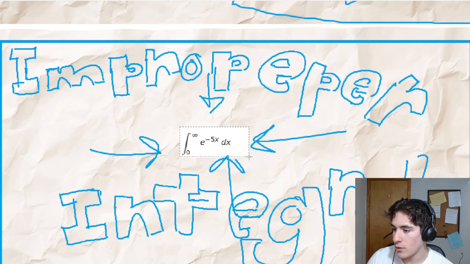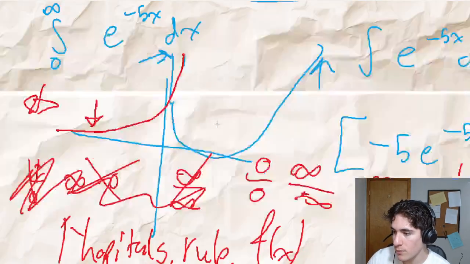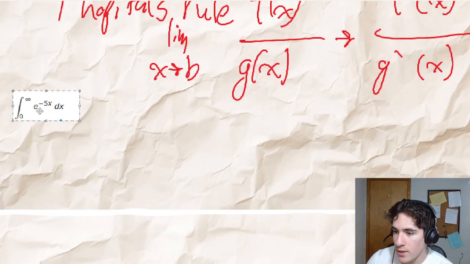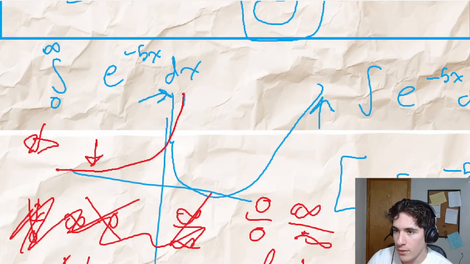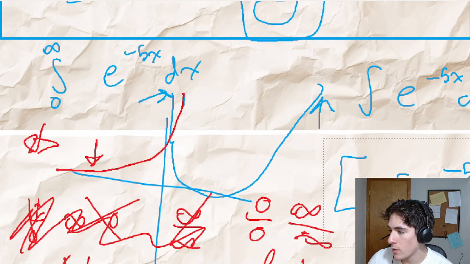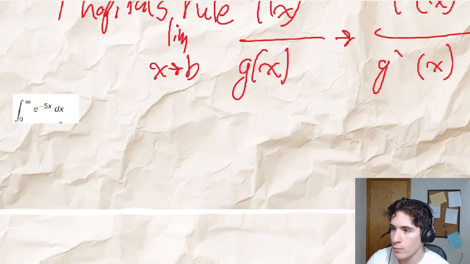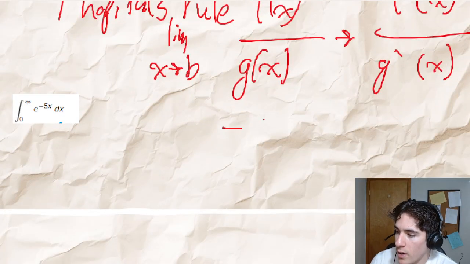So what we are going to do is simply find the indefinite integral, which we already have found: minus 5e to the power of minus 5x.